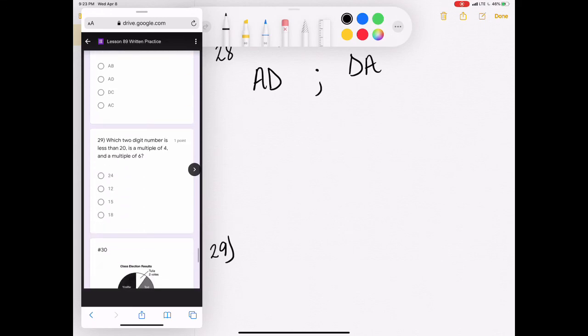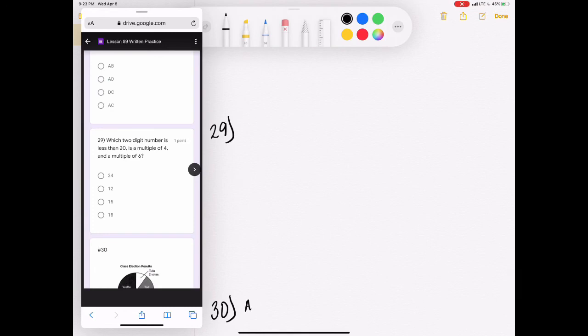29. Which 2-digit number is less than 20, a multiple of 4, and a multiple of 6? So we could just kind of go back. 20, 19, 18, 17, 16, 12, 11, 10.